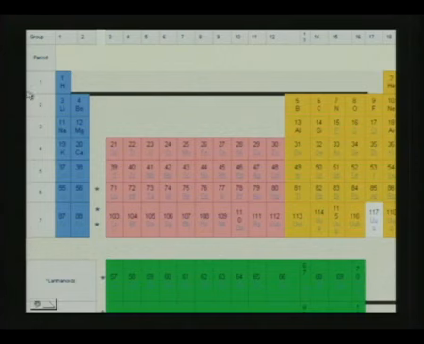Now we are going to see how these periods are built up. See the first period. It is a very short period: hydrogen and helium. Next comes again a short period: lithium, beryllium, boron, carbon, nitrogen, oxygen, fluorine, neon.